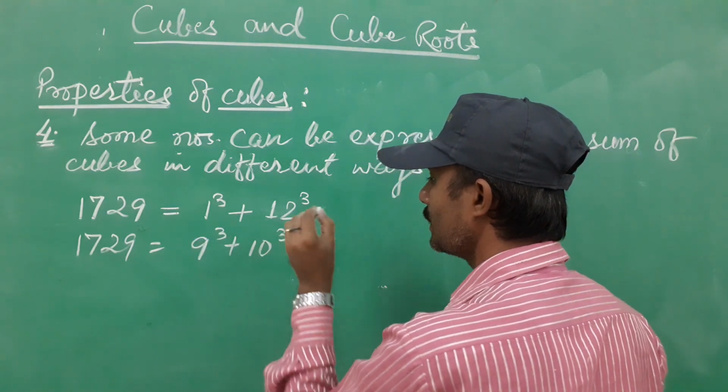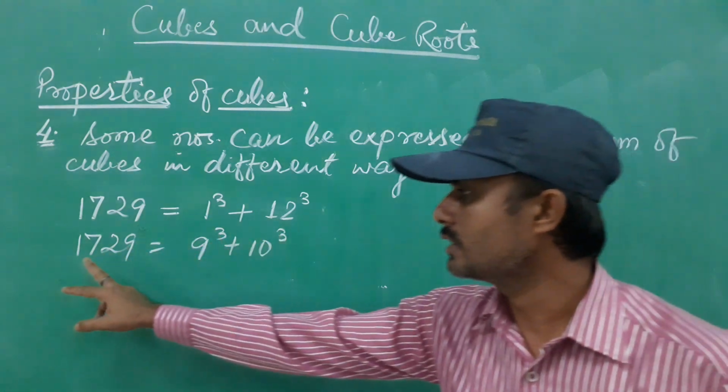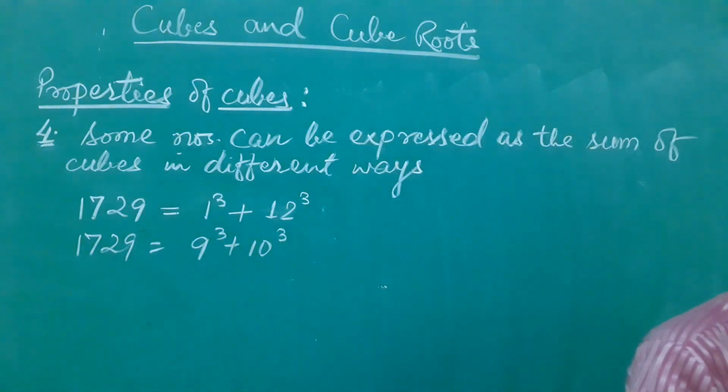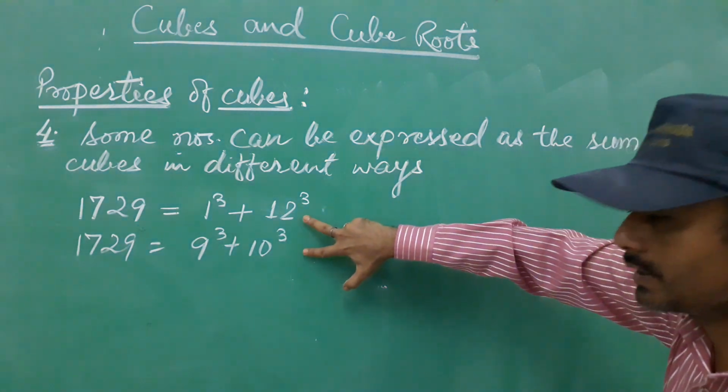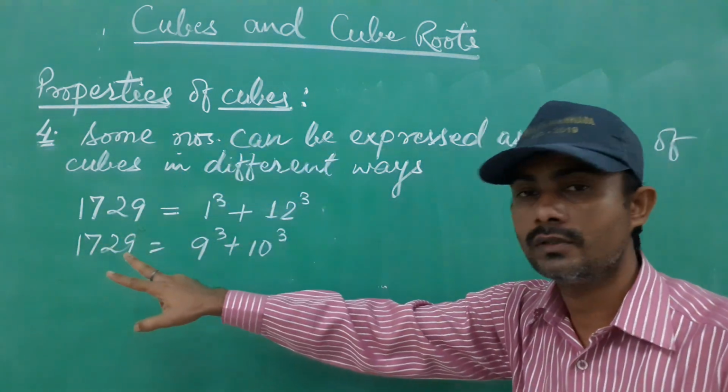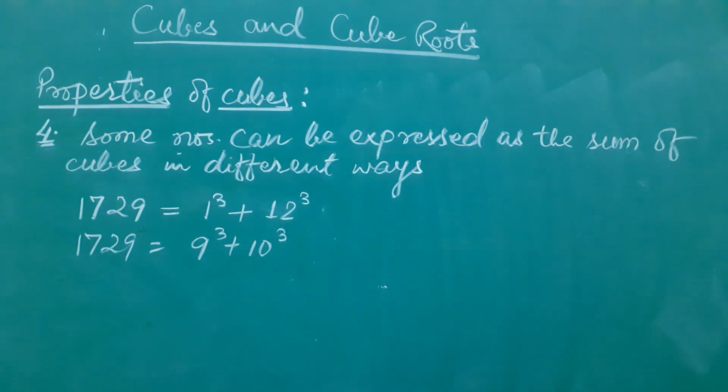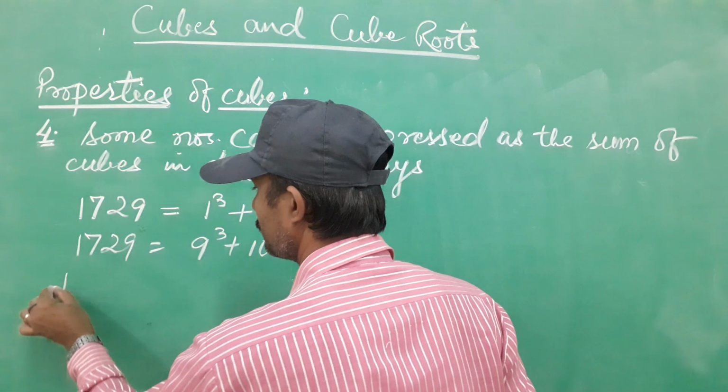In both the conditions, our answer is 1729. And this is a special number known as the Hardy-Ramanujan number. Due to this property, any number which can be expressed as the sum of two cubes in two different ways. So this 1729 is the smallest Hardy-Ramanujan number.